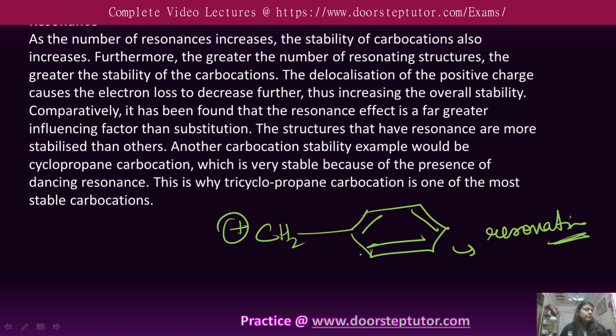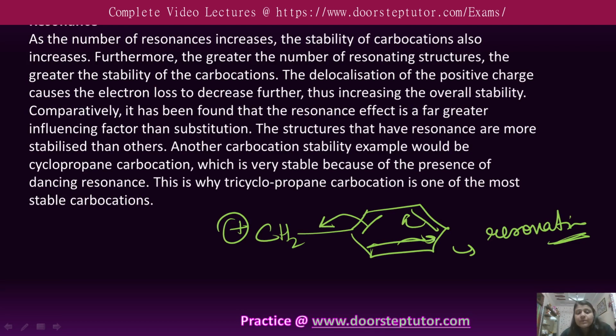This is the resonance-stabilized carbocation. The delocalization of the positive charge causes the electron loss to decrease further and increases the overall stability, because in this way the stability of the carbocation increases and the structures that have resonating structures get stabilized.